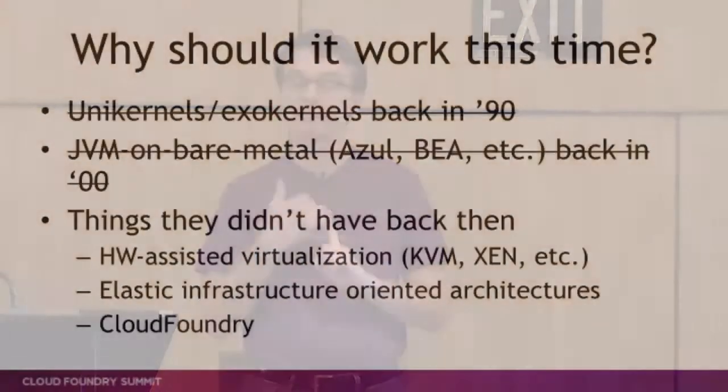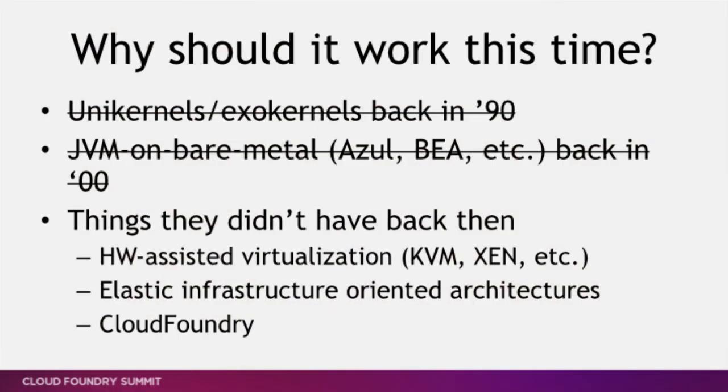So first of all, we've arrived at a point when Intel hardware is fully capable of hardware-assisted virtualization, the same way that old IBM systems used to be capable of way back when, and we all laughed at them and didn't appreciate them at all. Now we get that on Intel, now we all have it. Second, elastic infrastructure-oriented architectures. What I mean by that is we have now conditioned our developers that microservices are good.